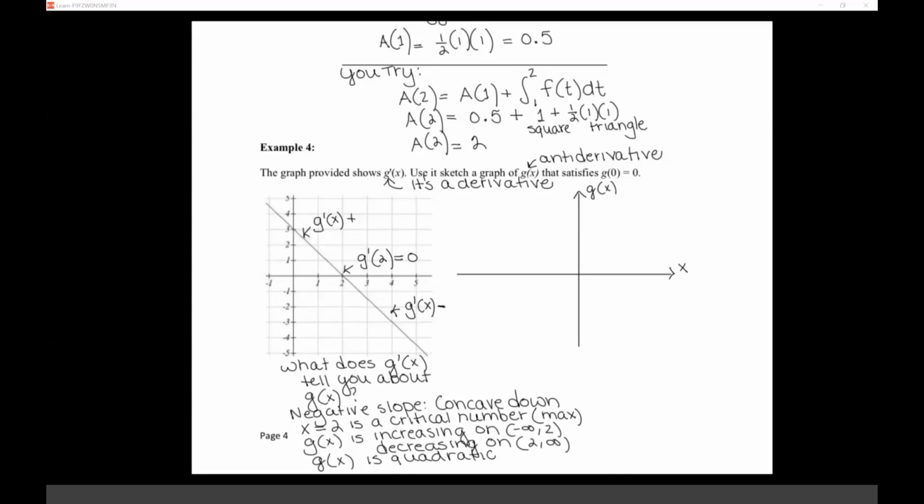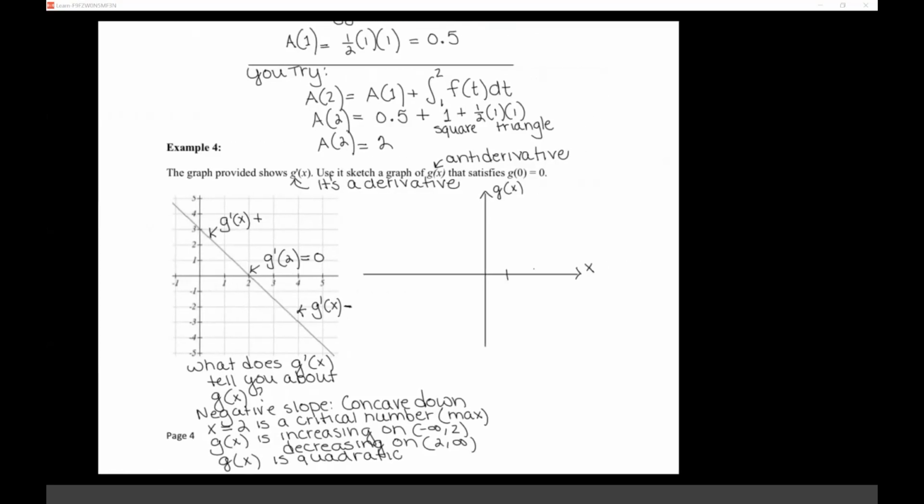It's increasing from negative infinity to 2 and decreasing from 2 to positive infinity. It has a maximum at 2, okay? And it's concave down. Okay, so you're looking at something like this, right? It's going to have a max somewhere up here, and it's going to be concave down like this, right?